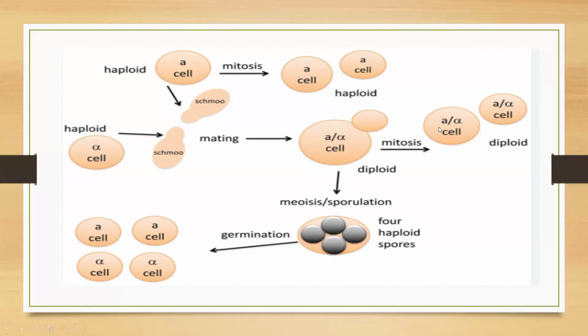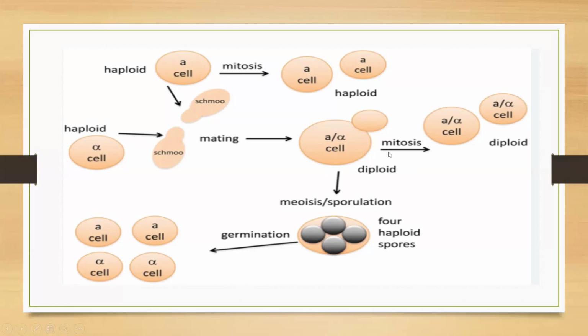But in this process, the cells will be divided into two cells, separated into two cells, A slash alpha cell. This is also called A slash alpha cell. This is the parent cell, this is the daughter cell.